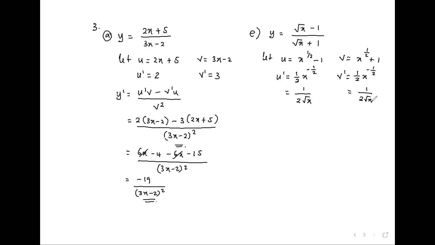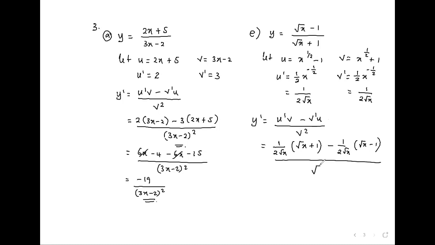And then we do y prime, it will be u prime v minus v prime u over v squared. So u prime is 1 over 2 root x multiplied by v, which is root x plus 1, minus v prime, 1 over 2 root x multiplied by root x minus 1, over (root x plus 1) squared.